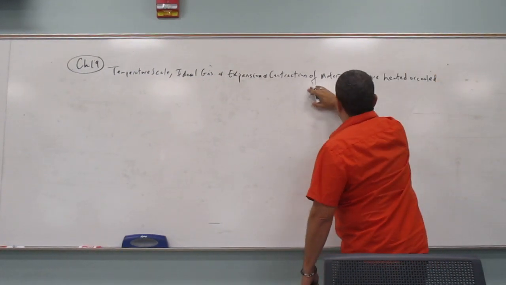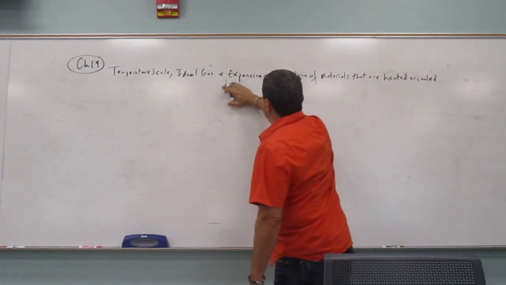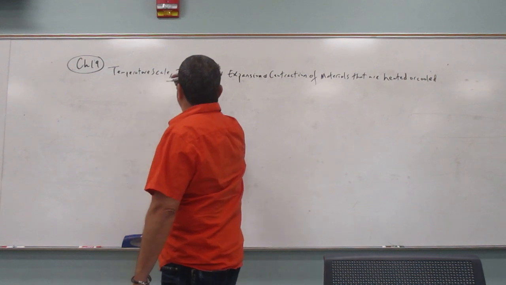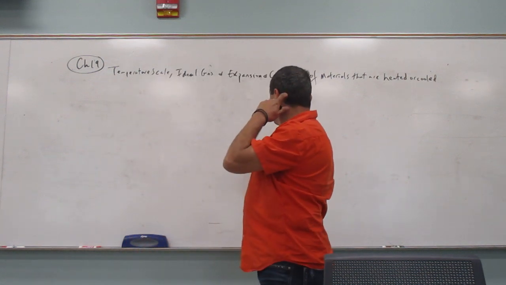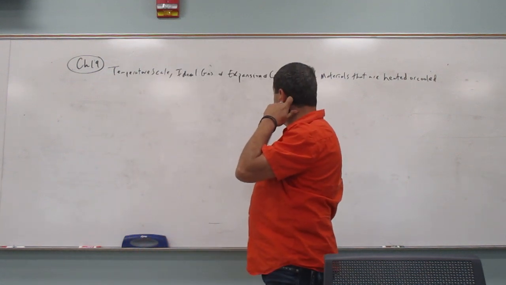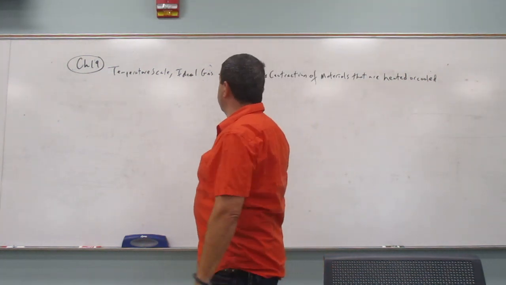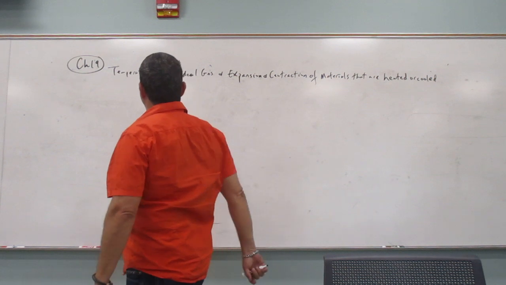So predominantly we'll focus on this topic, okay? But we'll talk about the temperature scale and the ideal gas law quickly, but we're not going to dwell too much on the ideal gas law because in later chapters we're going to be doing a lot of it. But the chapter just introduces it.